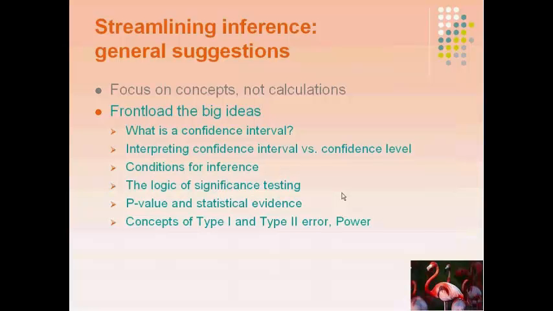So the random, normal, and independent get us through all of means and proportions. And then, of course, things change just a little bit when we get to chi-square.